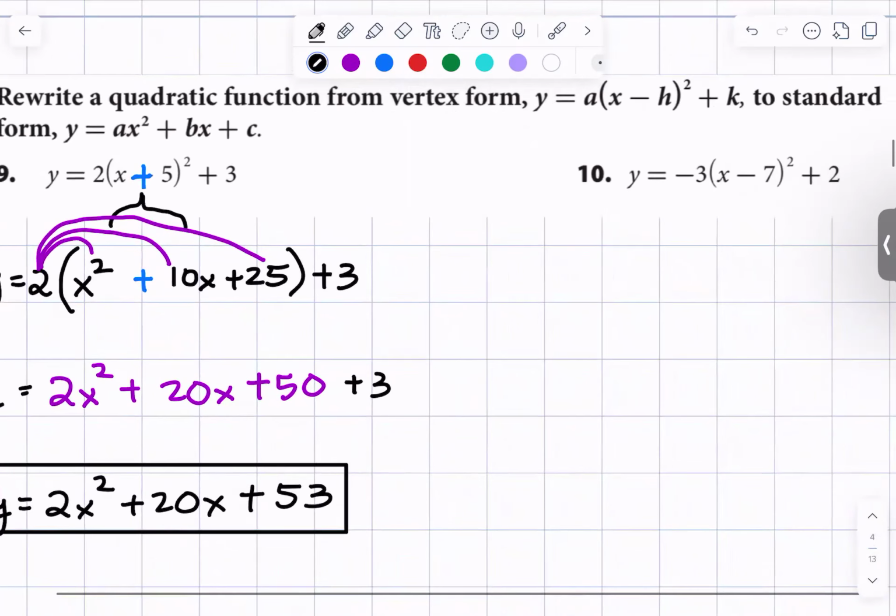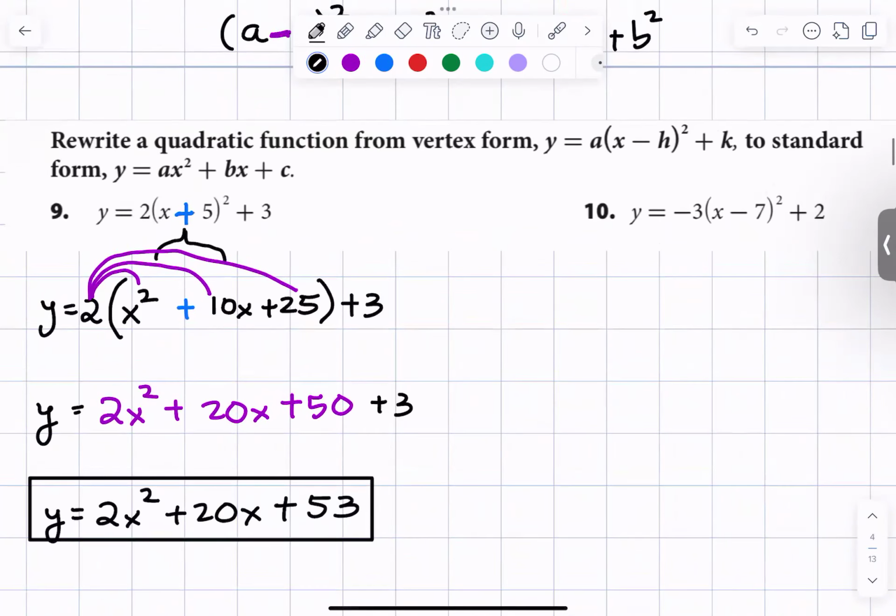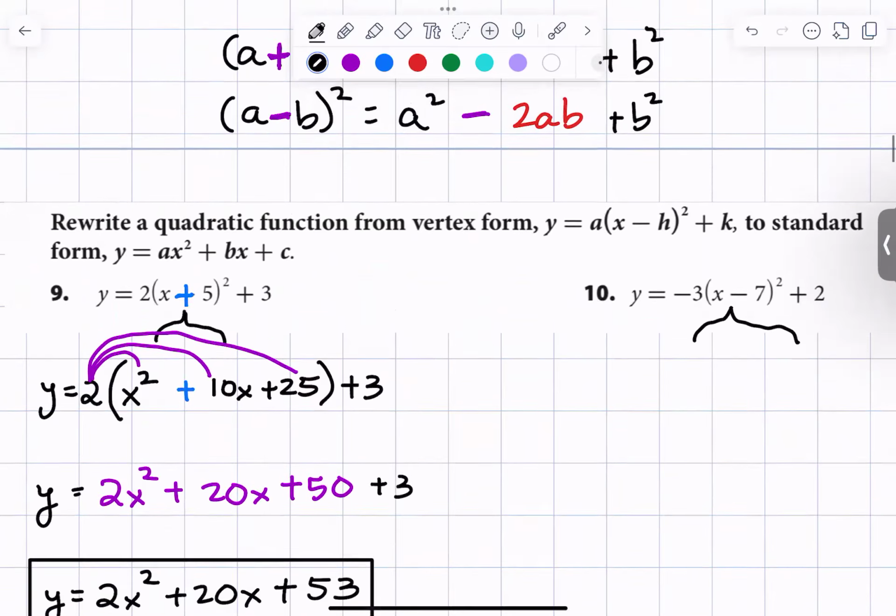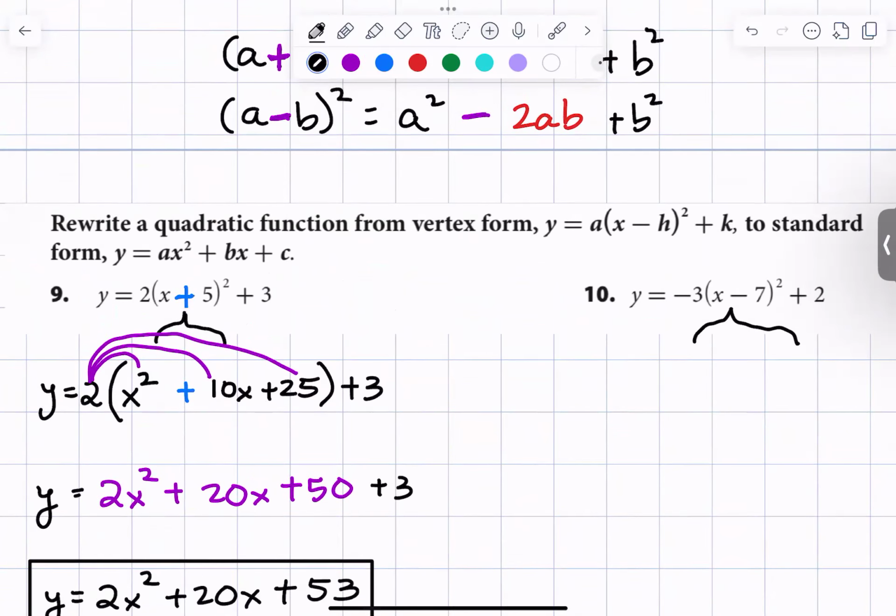So number 10, how do I turn this using that? X minus 7 quantity squared. Remember, first term squared, last term squared. 2 times 7 is 14, right?